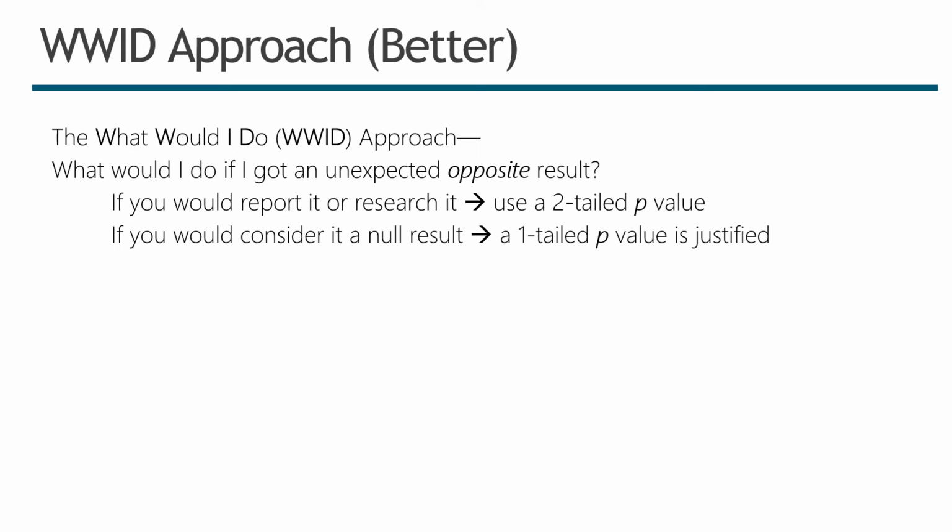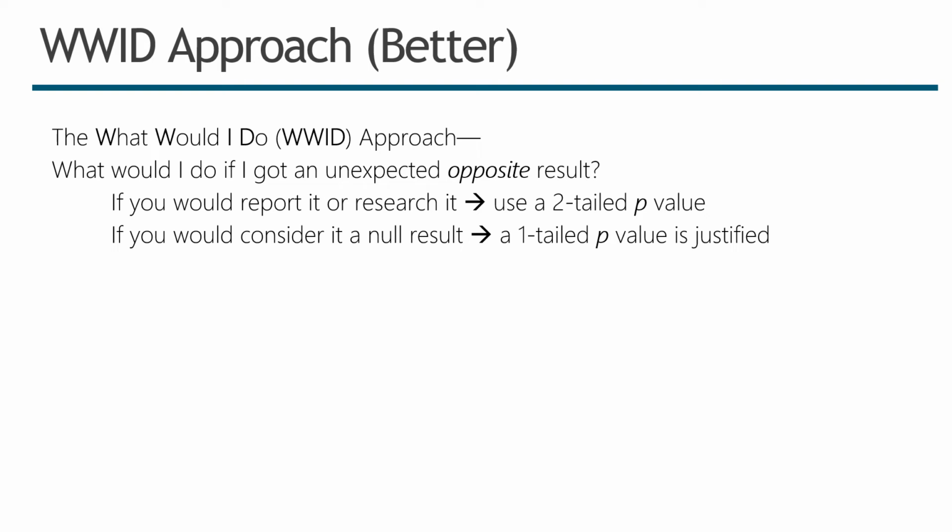An alternative approach that's better than the directional hypothesis approach is to use the what would I do approach. In this approach, a researcher simply asks themselves before they collect their data, what would I do if I got an unexpected result in the opposite direction? If they would report that result or research that result or really be interested in that result in any way, they should really be using a two-tailed p-value.